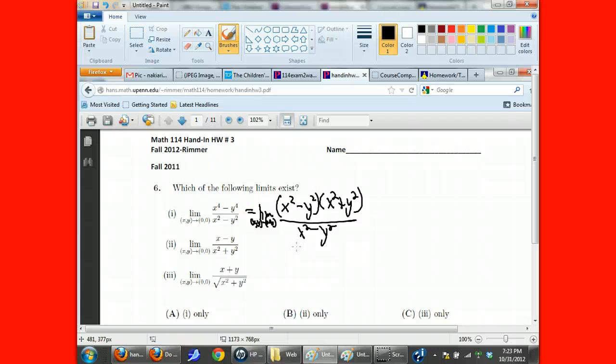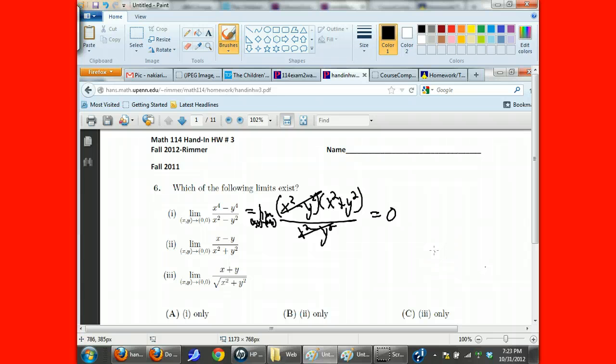So you can cancel. As soon as you take care of the issue of division by 0, you can immediately plug in the values of x and y. There's nothing to stop you. Before, we were blocked. We couldn't plug in the origin, but now we can. So we get 0.